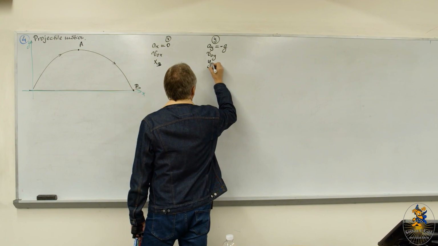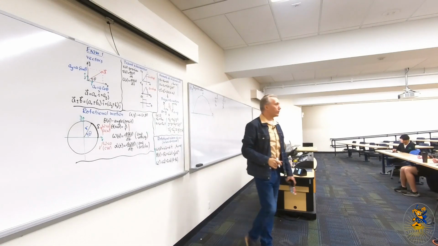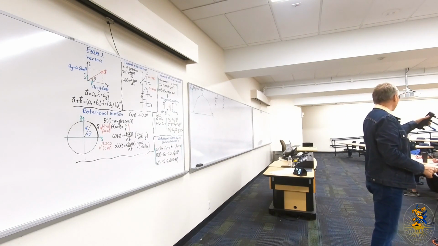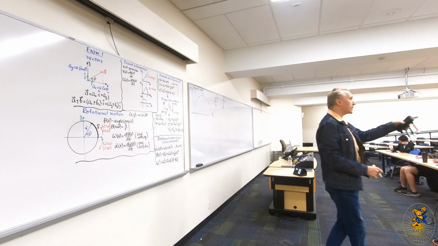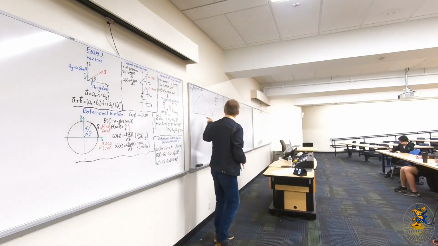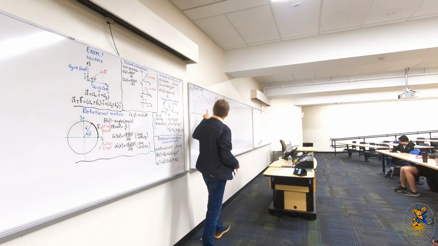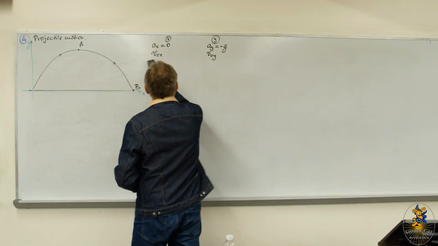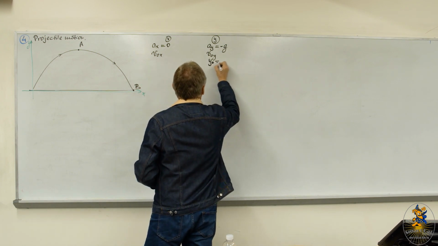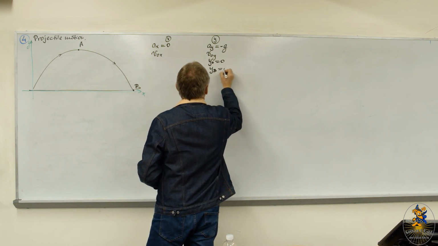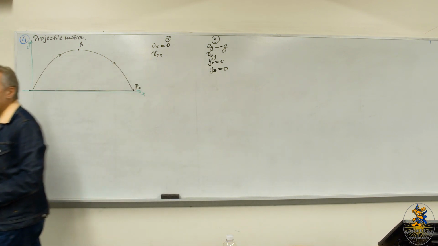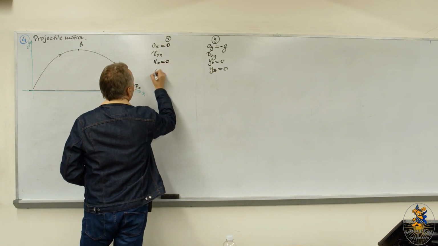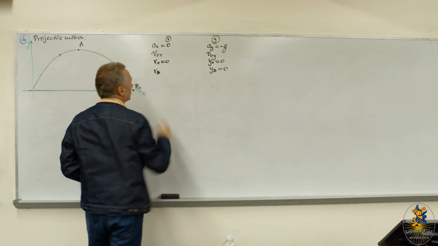And what do we know about the y coordinate of the final point? 0. It's ground level. Again, 0 according to my chosen coordinate system. It started from 0. Actually, I should have written y first. Okay, let me write first: y naught equals 0 and y_B equals also 0. It started from the ground and it hits the ground. Then x naught, of course, 0, and x final, we don't know.